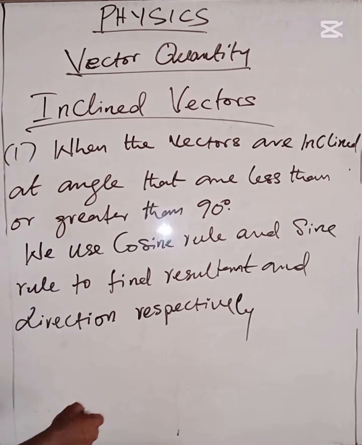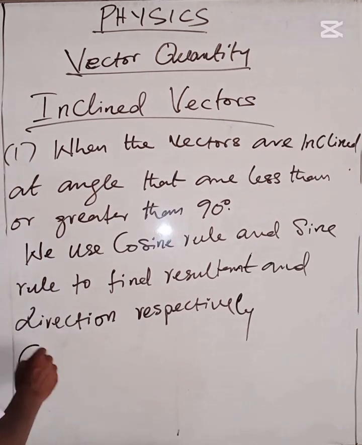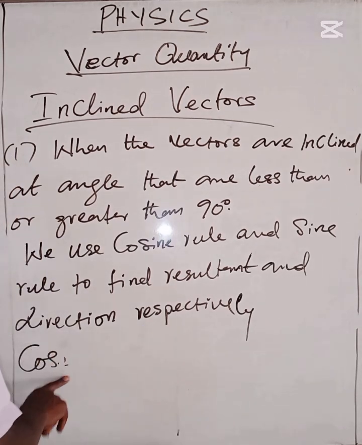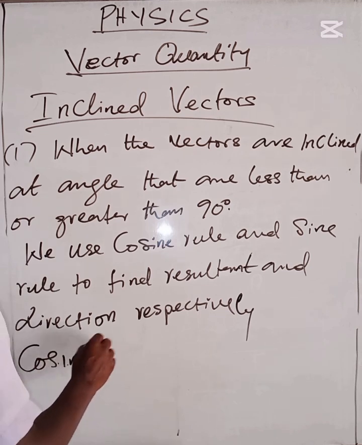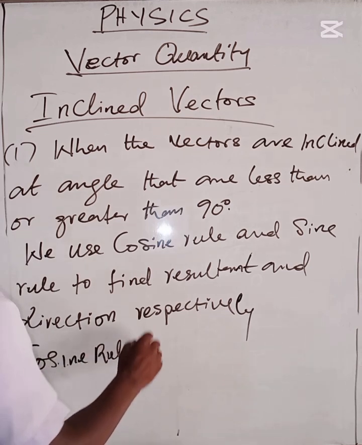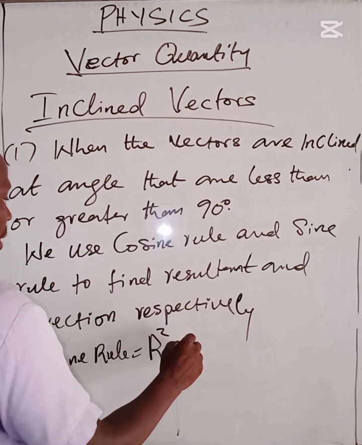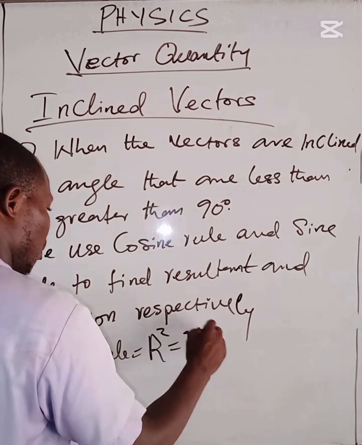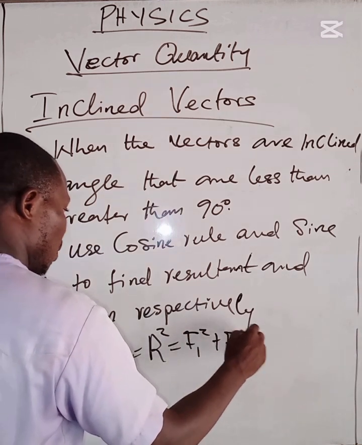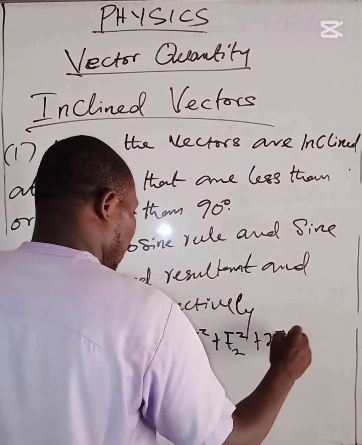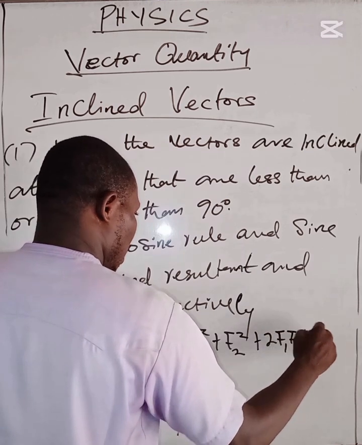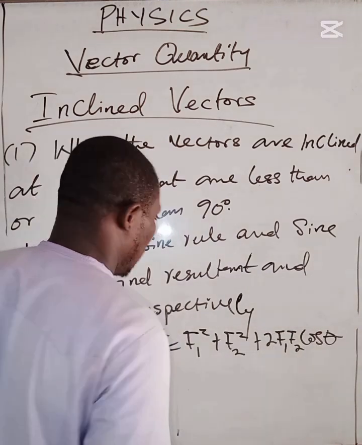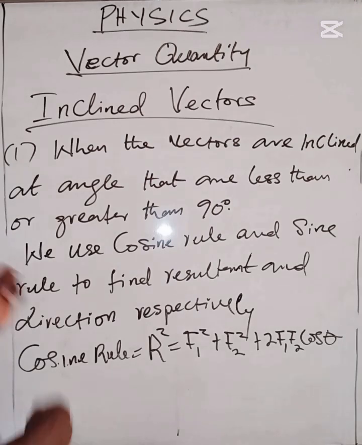All right, so what is the cosine rule? The cosine rule says that R squared equals F1 squared plus F2 squared plus 2 F1 F2 cos theta, or cos alpha, as the case may be. You can use anything to represent the angle.